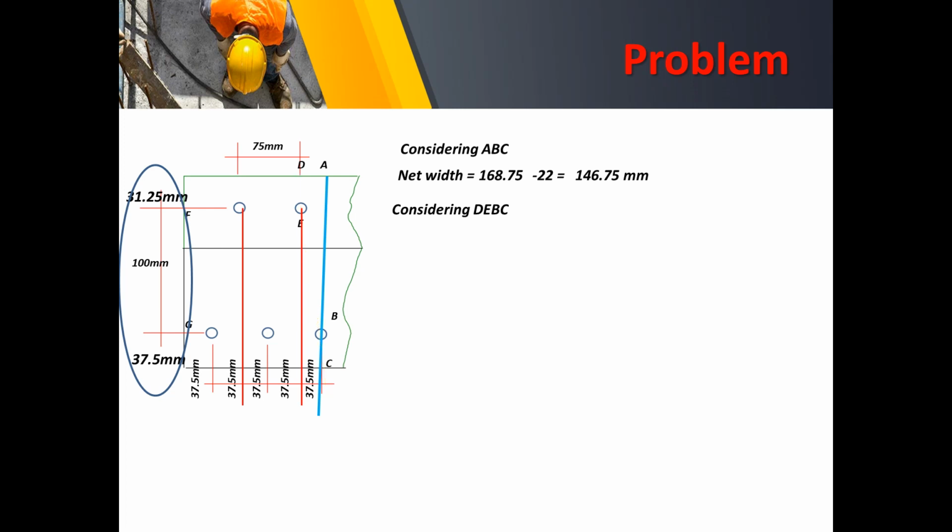Now considering the other route, of course the route we have to consider now is DEBC. So on the route we have 2 bolts included. So the net width now is 168.75. Of course, we less the 22 millimeter diameter. And of course, there will be a pitch and a gauge distance here, so we apply the s squared over 4g formula.